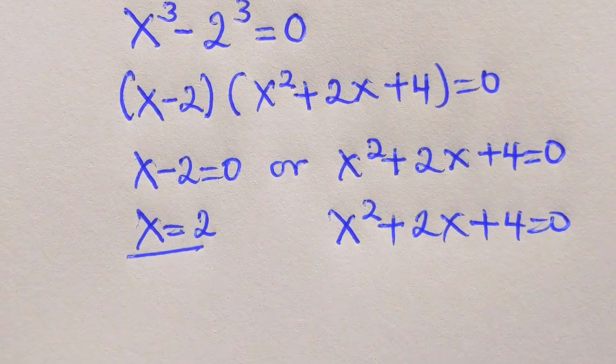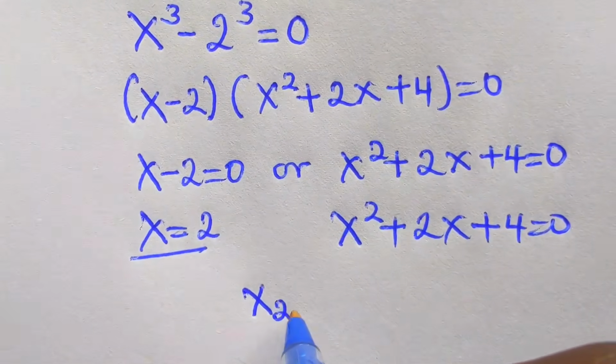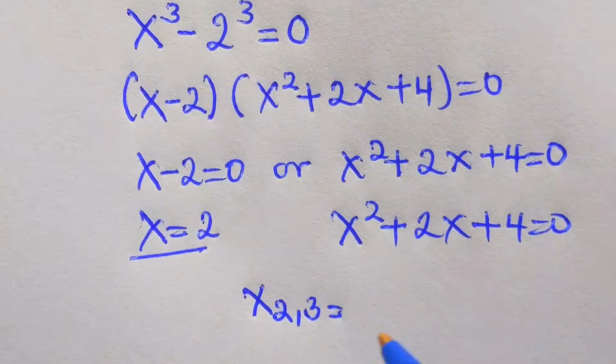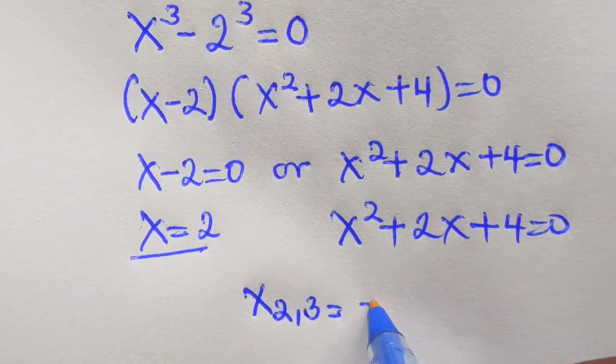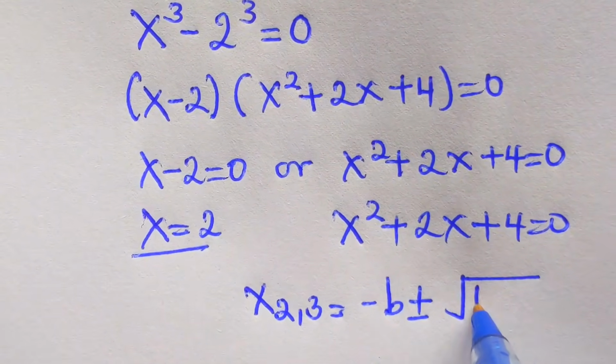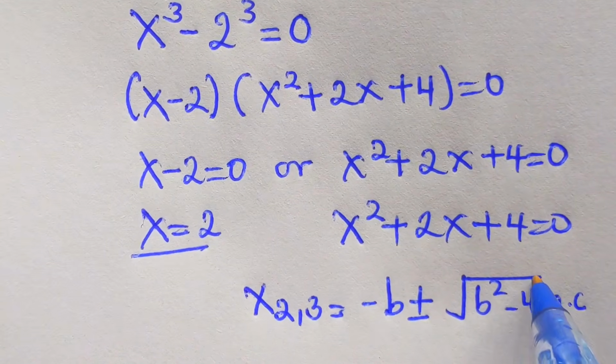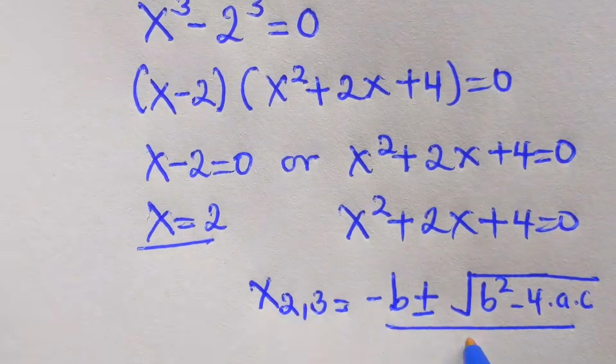Now we can find x2 and x3, which equals what? Negative b plus or minus the square root of b squared minus 4ac, over 2a.